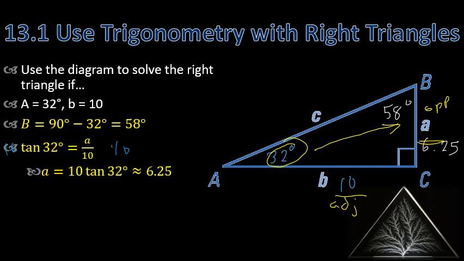Well, if it's 30 degrees, 60 degrees, or 45 degrees, we have exact values because we have the special right triangles. If it's not one of those special angles, then we just have to use the calculator. If you are not getting 6.25, hit the mode button on your calculator. Make sure that it is in degree mode.